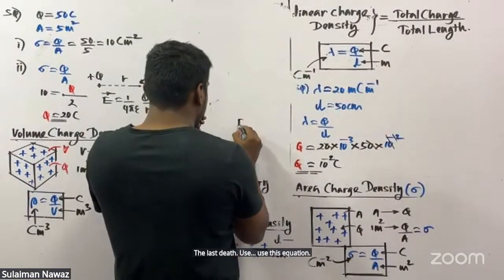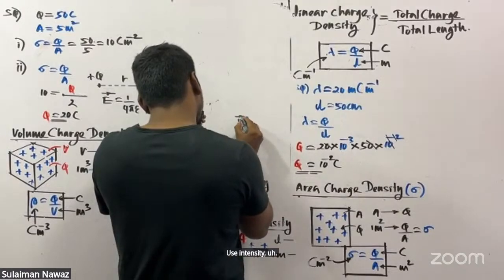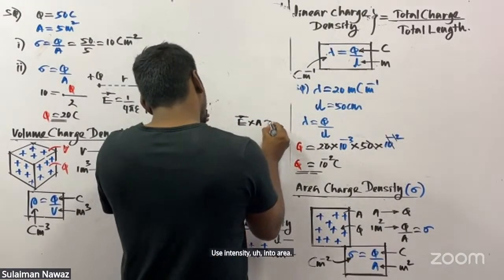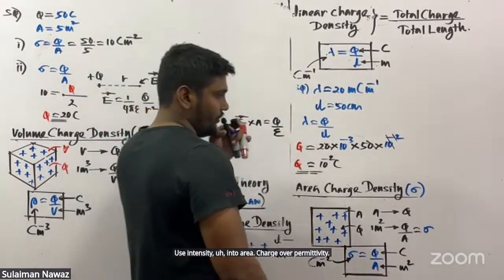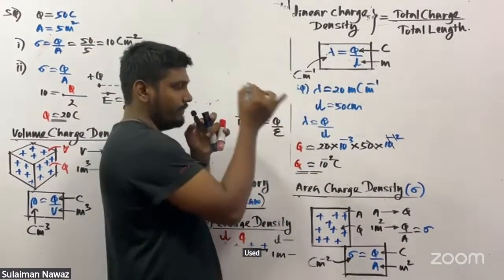Intensity into area equals charge over permittivity. Use this equation. This one.